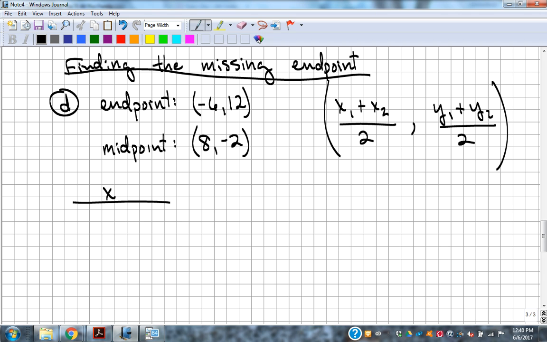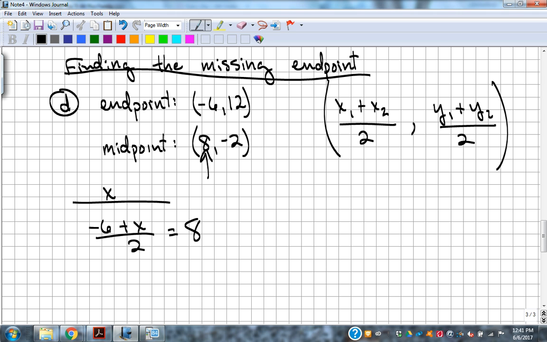The endpoint you have is negative 6 plus x. We don't know this x. It's the missing part. Divided by 2. But we know that the midpoint is equal to what in the x coordinate? What's the x coordinate of the midpoint? It's 8. So we set that equal to 8.